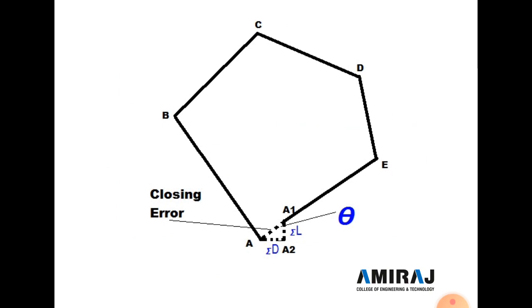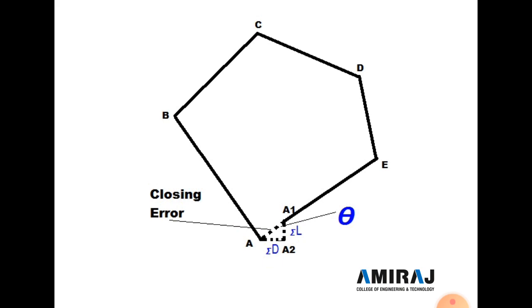Here one drawing is given. The starting point is A, and the end point is after completion of the entire traverse. This error is the closing error.